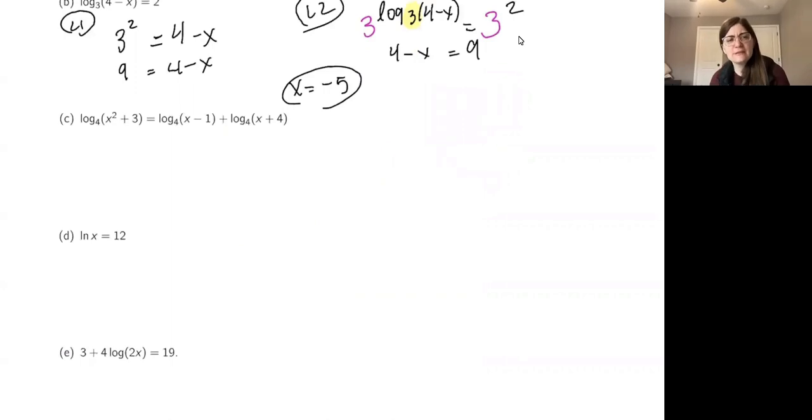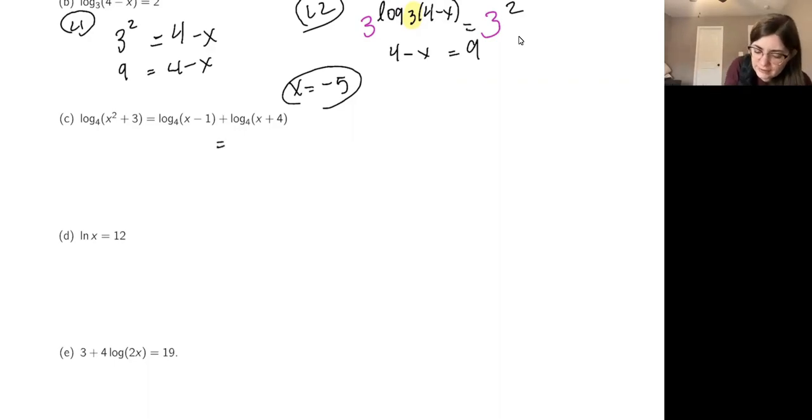When we look at C, this one's a little bit different because I have a bunch of logs here. Let's try to combine them. And I see on my right-hand side, I am adding logs with the same base. So maybe I can go ahead and combine those using my first law of logs, the multiplication to addition or addition to multiplication rule.